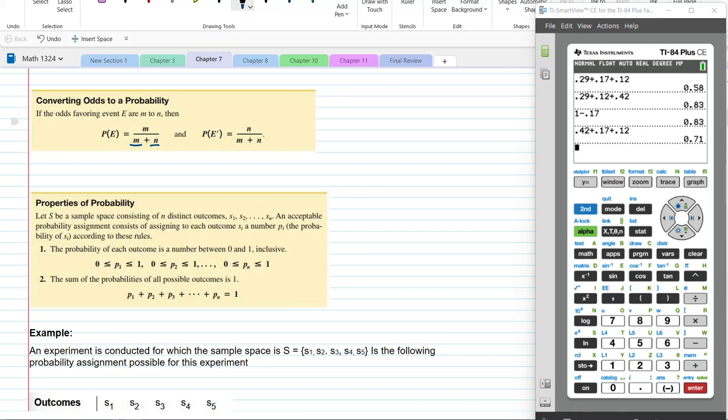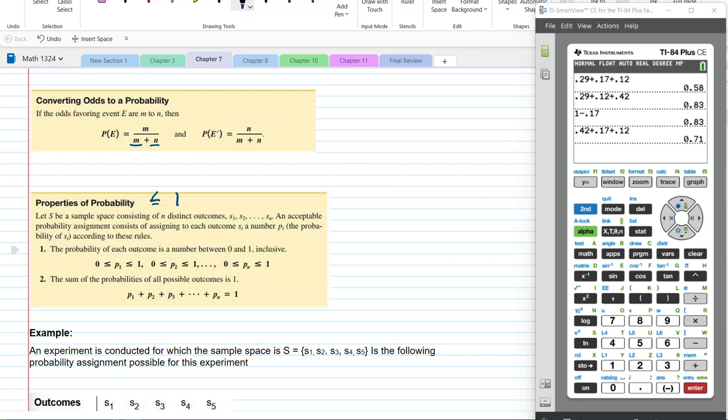And let's talk about the properties of probability. The highest it can get is 1. It can be less than or equal to 1, and that's it. It cannot be greater than 1. It can be 0, but it cannot be a negative number.